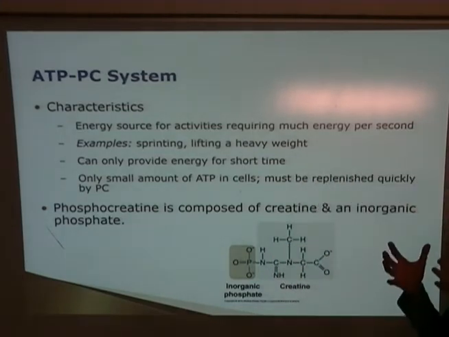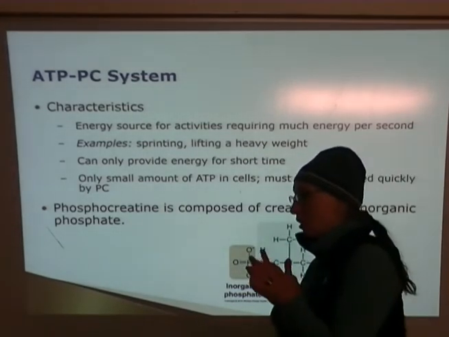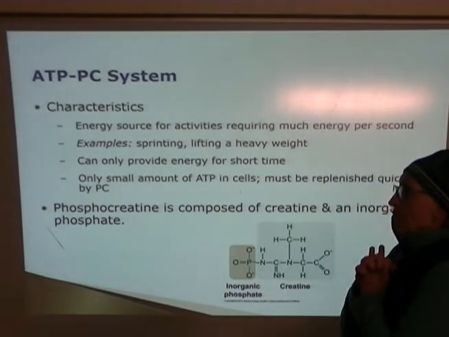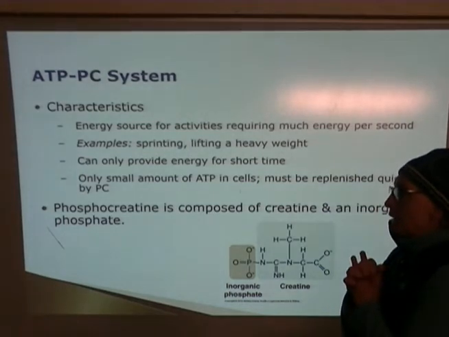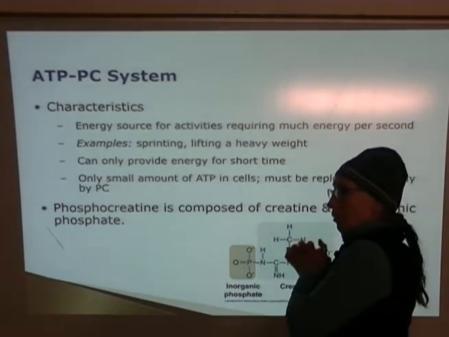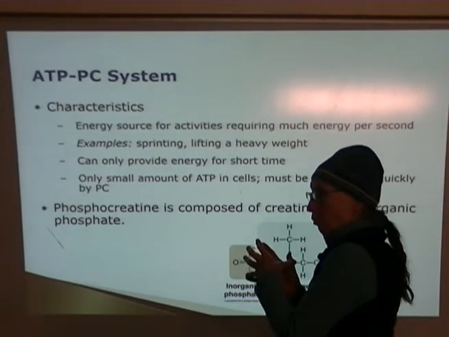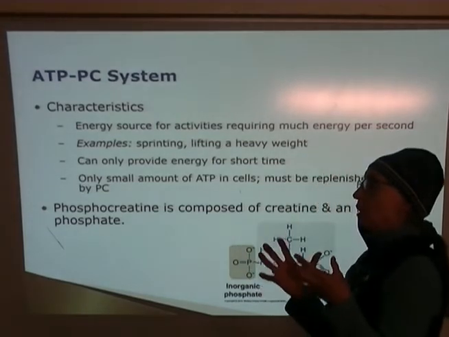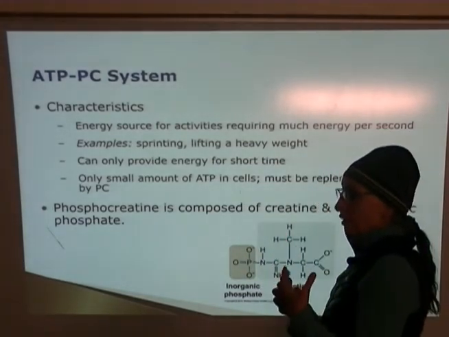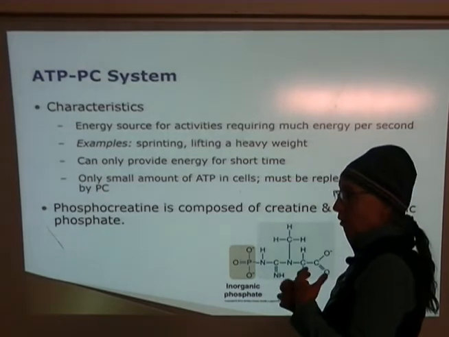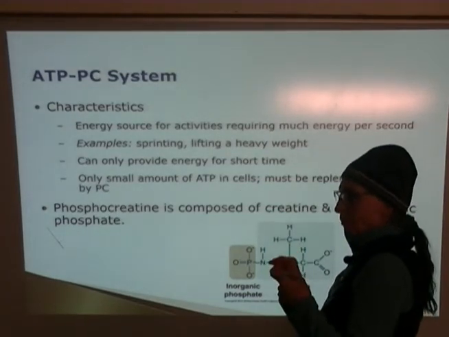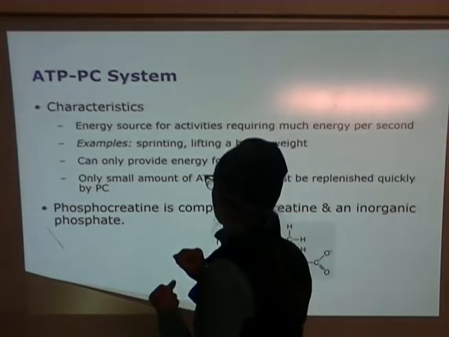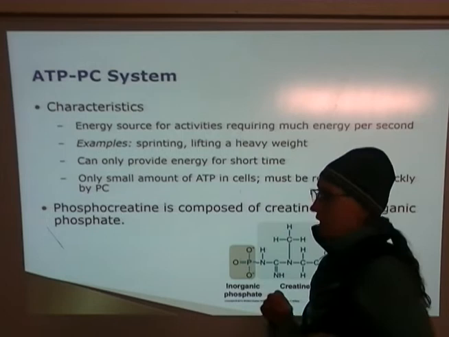There's enough for about 5 seconds or so, okay? And then in 5 seconds, we still haven't managed to break down any glucose or glycogen, even though they're small molecules, you can't break them down in 5 seconds. So then we rely on phosphocreatine, which is another energy molecule in the muscle cell, but we can't use the energy from that molecule directly. So we steal the energy from the phosphocreatine and we rebuild the ATP.